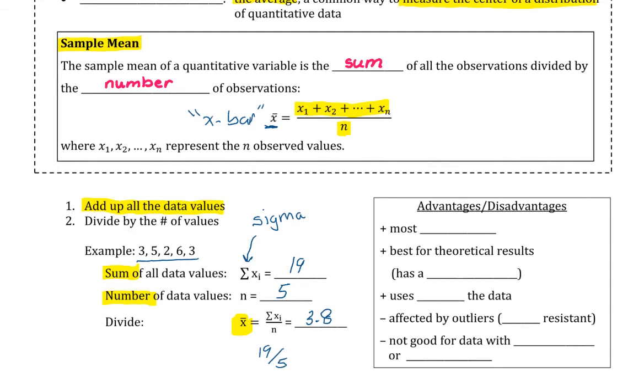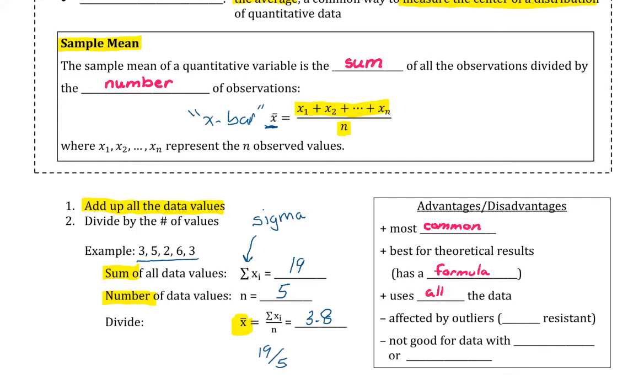When calculating your mean, there are a couple advantages and disadvantages that we should be aware of. First, one of the advantages. It is the most common measure of center that we discuss. It is best for theoretical results because there is a formula we can use to calculate it.